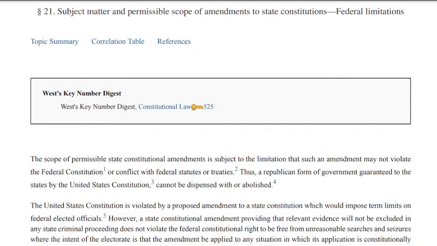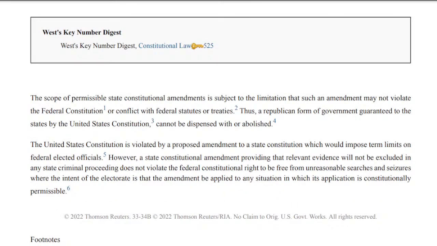But if you were in that role, as you can see, the same body of work would apply, just as it would for us even in a civil case or administrative case or criminal case. Subject matter and permissible scope of amendments to state constitutions, federal limitations. So there are federal limitations on the amendments a state can make to its constitution.